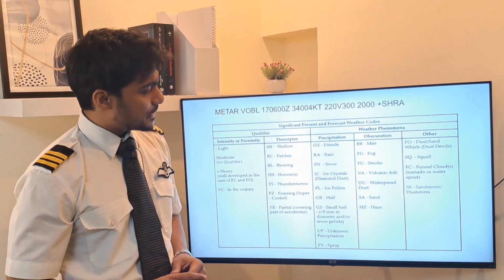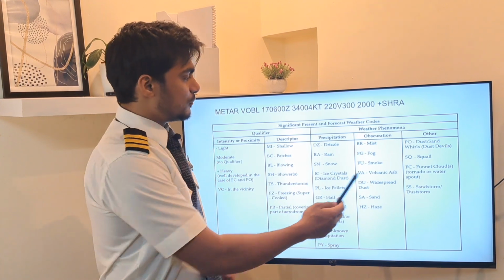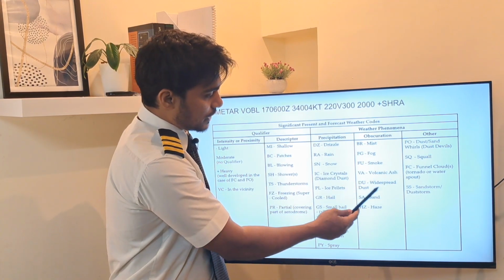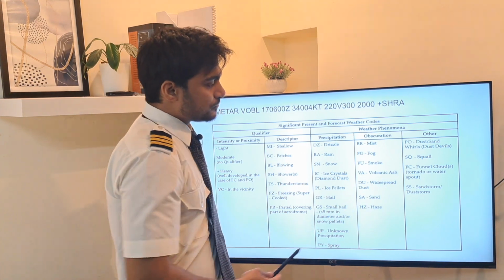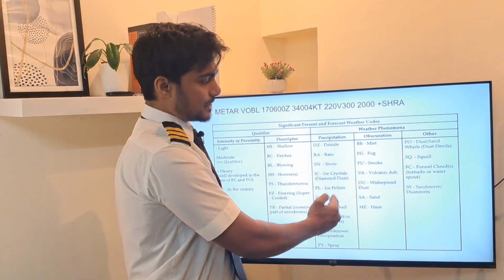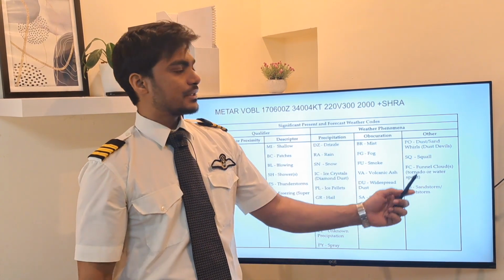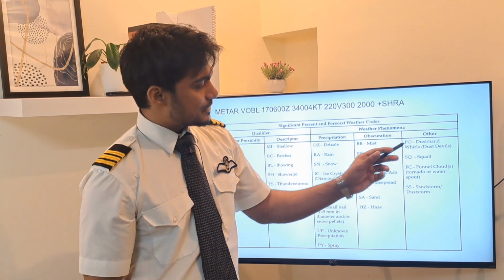PY stands for spray. Obscuration is anything which is blocking your visibility, like mist, fog, smoke. FU stands for smoke. DU stands for widespread dust. Any weather phenomena which is not a part of precipitation or obscuration is added in the other category. That is your squall, then dust and swirls.